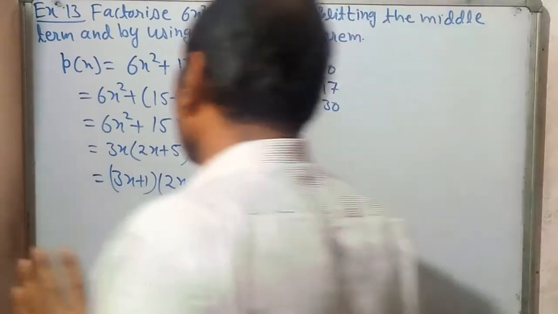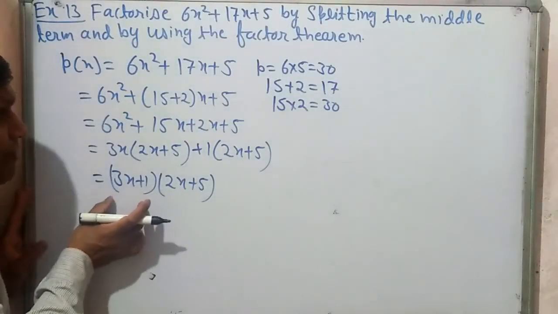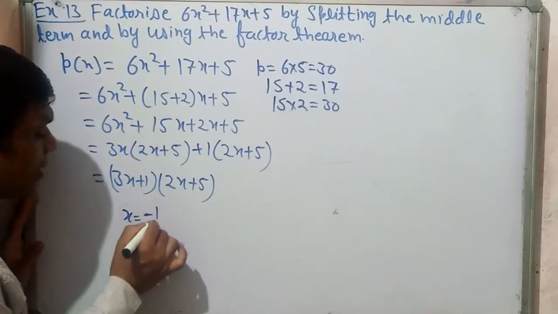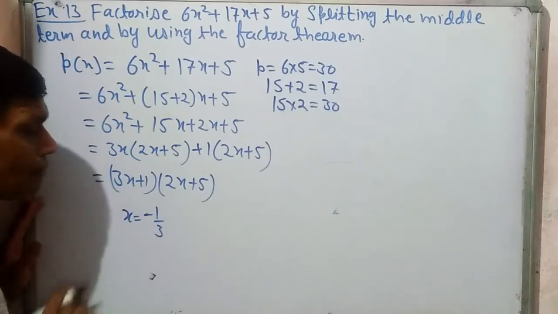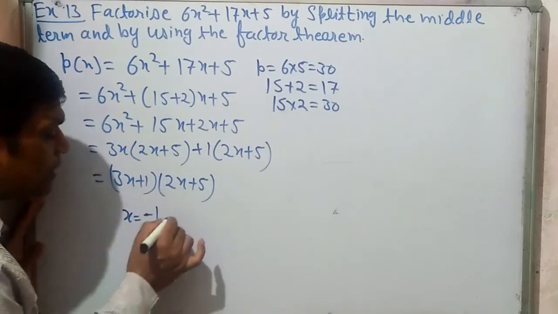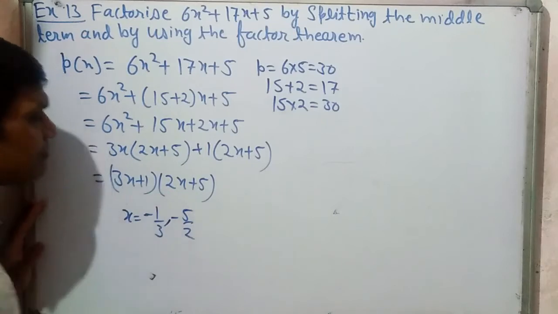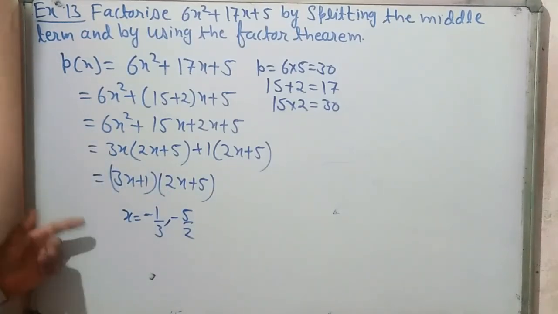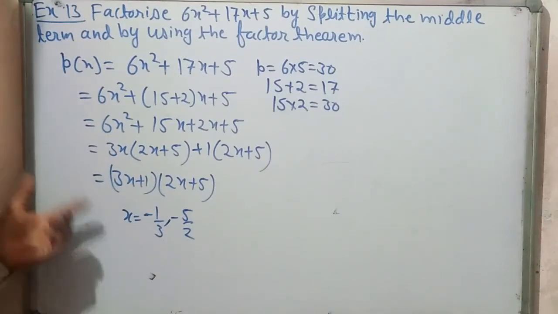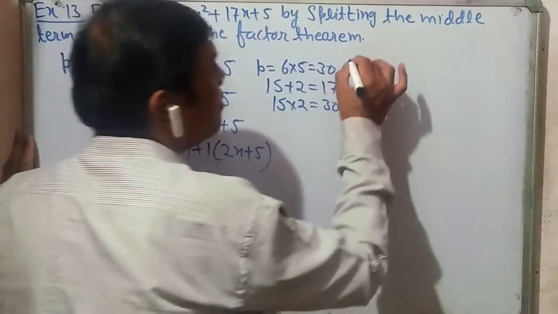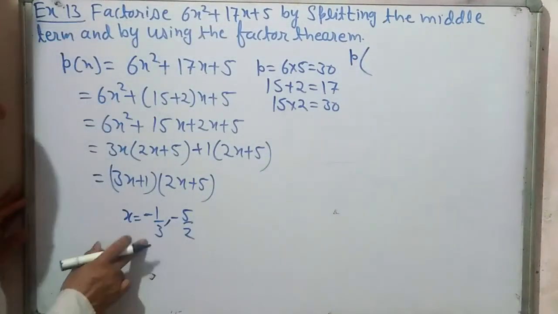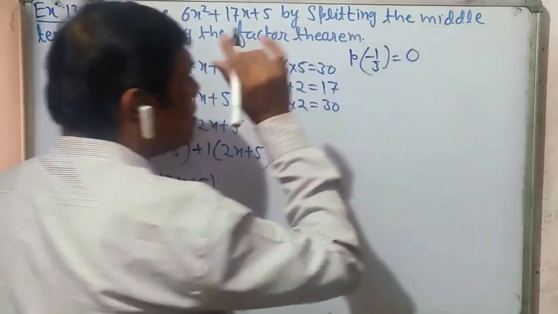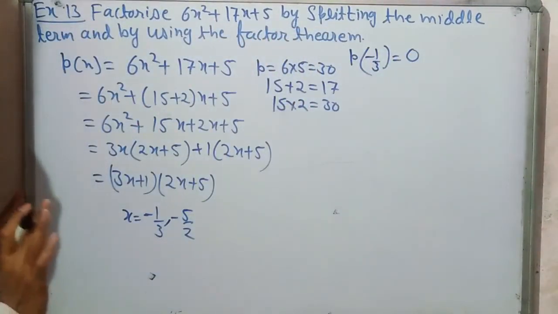Now let us see, if 3x + 1 is a factor, what is its zero? The zero is minus 1 upon 3. From 2x + 5, the zero is minus 5 upon 2. That means if we find the polynomial's value at minus 1 upon 3, it should be 0. Check it out.